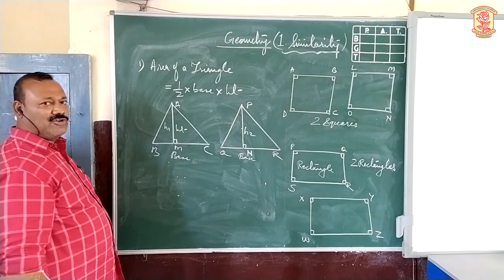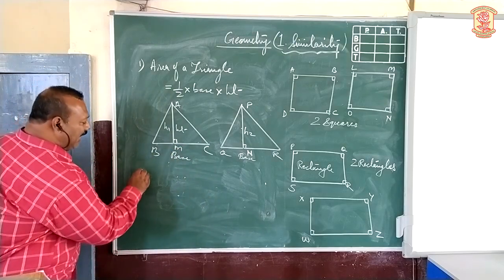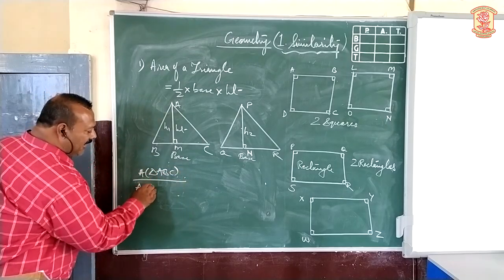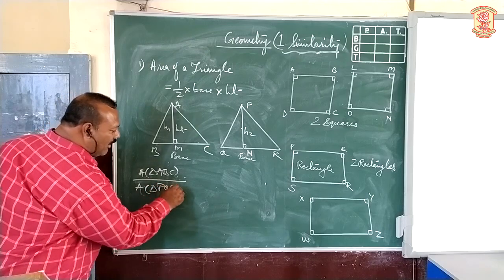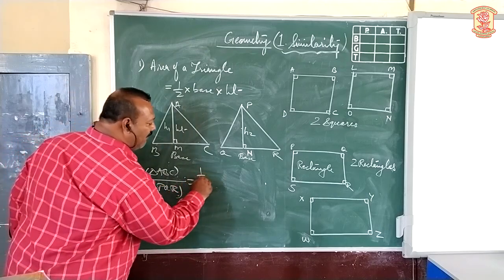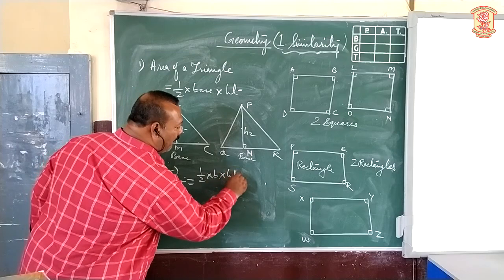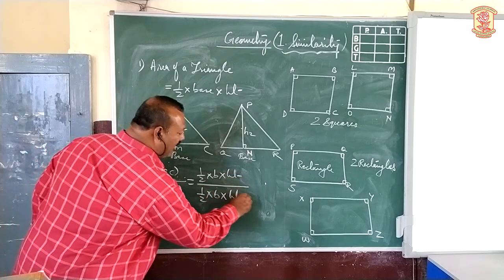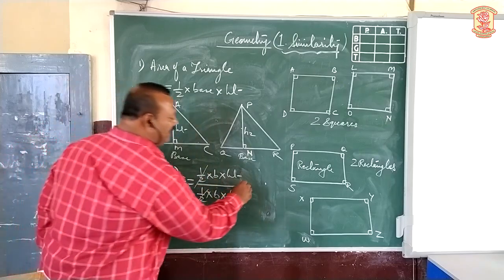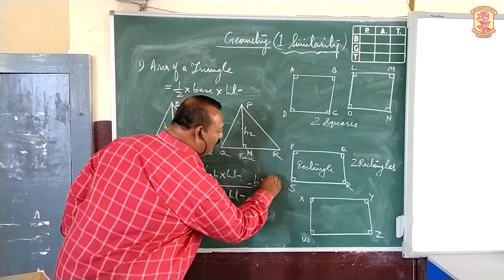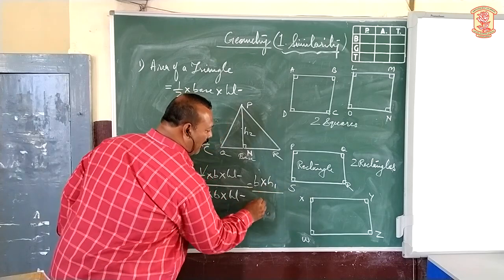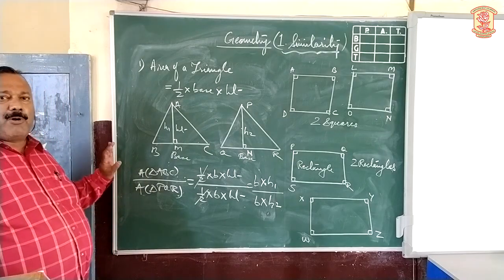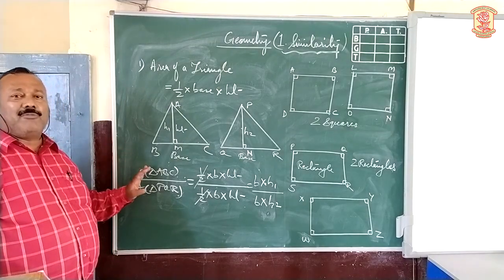Therefore, if you want the ratio of these two triangles, we write area of triangle ABC upon area of triangle PQR equals half into base into height upon half into base into height. Half and half get cancelled and we get base into height, that is H1, upon base into height, that is H2.